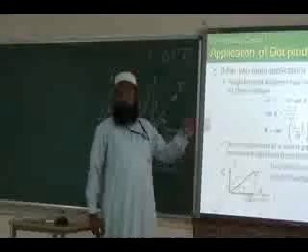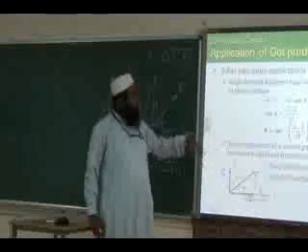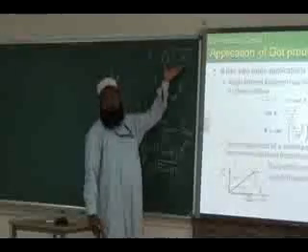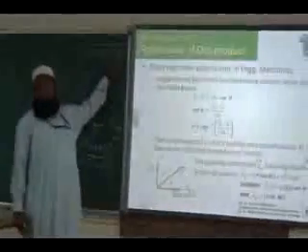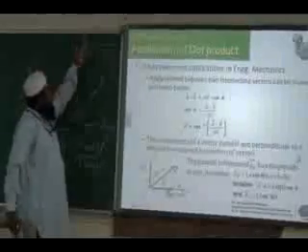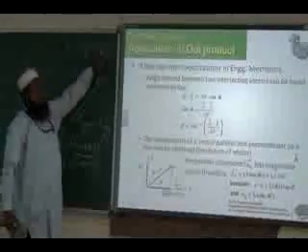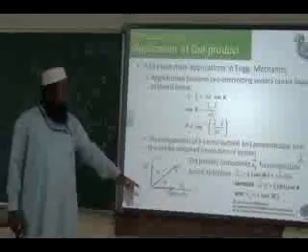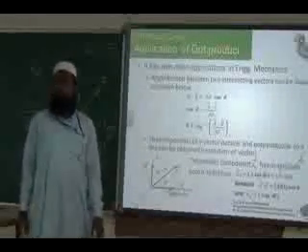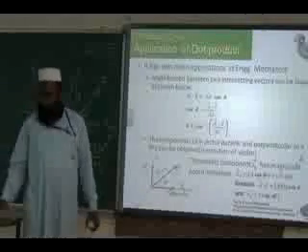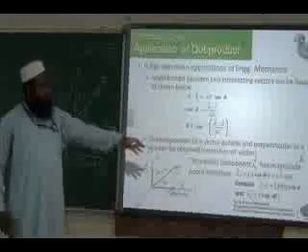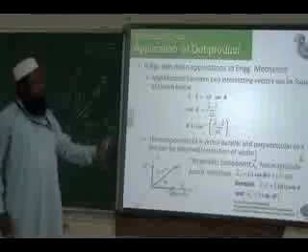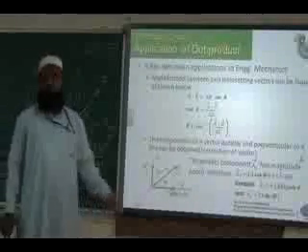If the hypotenuse is to be found, we add the squares of the adjacent side and opposite side. Here hypotenuse is given and parallel side is given, perpendicular is to be found out. We again use the same Pythagoras theorem and we can find the magnitude of perpendicular component. Or you can use theta also. If you know sin theta, you can find A sin theta as magnitude of perpendicular component.